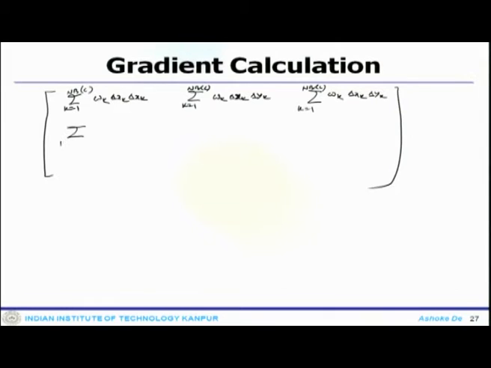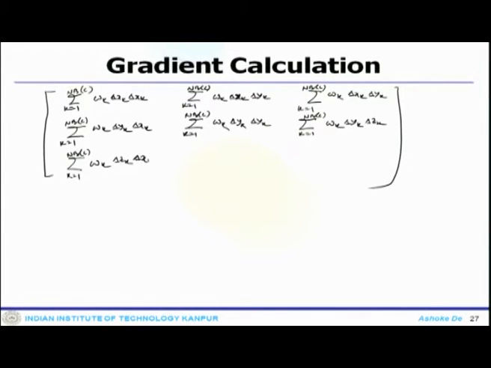The second row will contribute Wk delta yk delta xk, and similarly Wk delta yk delta yk, and the third is summation k equals 1 to NBC Wk delta yk delta zk. Then the third row is Wk delta zk delta xk, Wk delta zk delta yk, Wk delta zk delta zk.